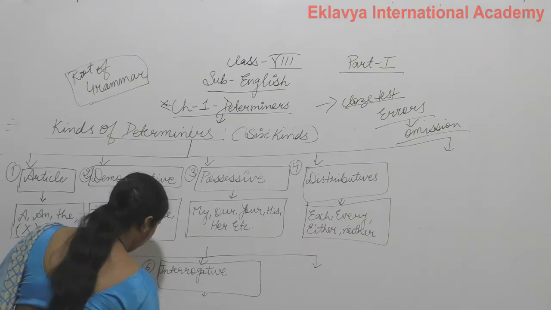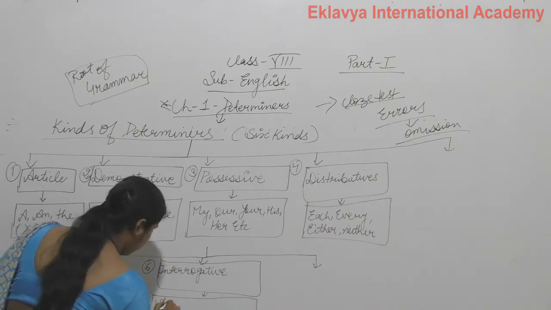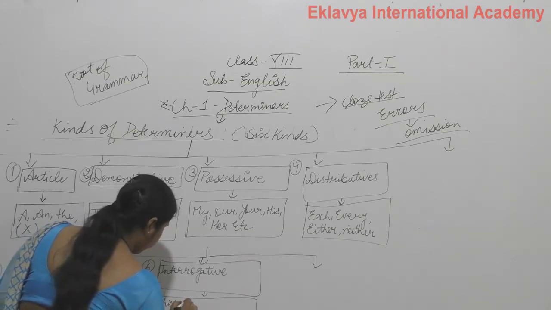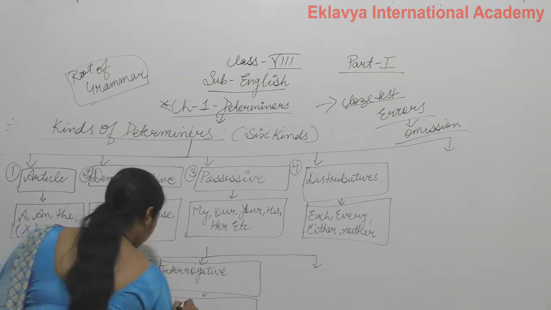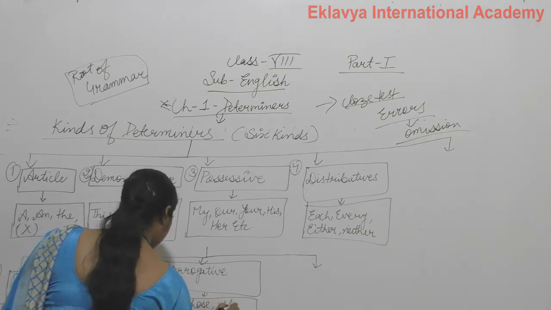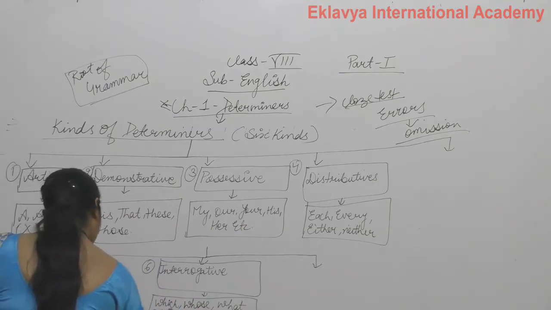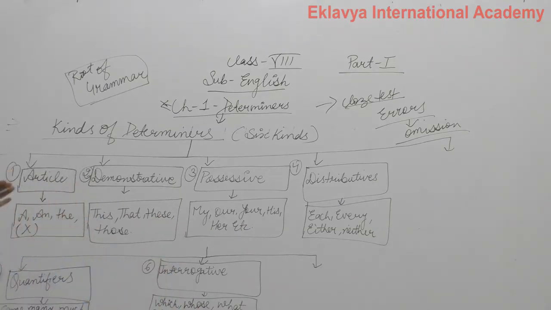In this: which, whose, what, etc. So these are the 6 kinds of determiners. I think from the chart everyone understands clearly. So what you all do, write this down in your notebook in chart form only.